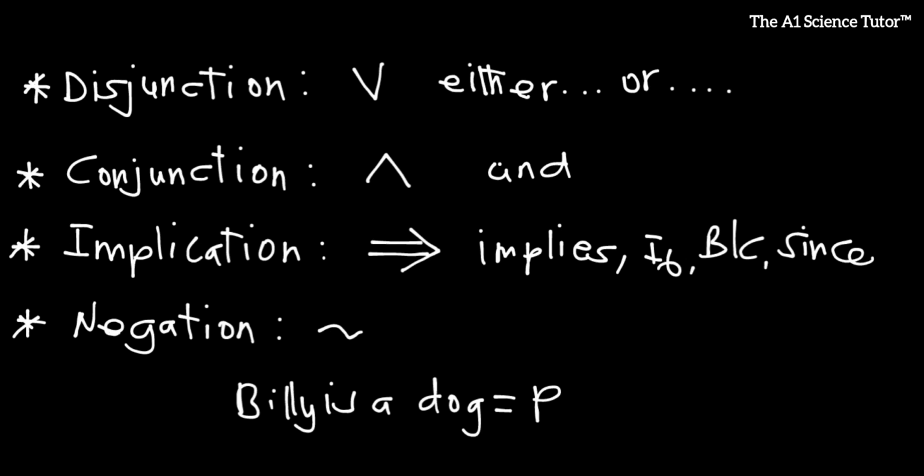So if I wanted to negate the sentence P, I would use this. Can you see that? This means the opposite or the converse of it, which is now going to be Billy is not a dog, or it is not the case that Billy is a dog. Do you understand? So hopefully you have gotten everything. Now this one is very simple. If I have the truth value of P to be true, the truth value of a negated P will just be false. And so that is the easiest part of everything.